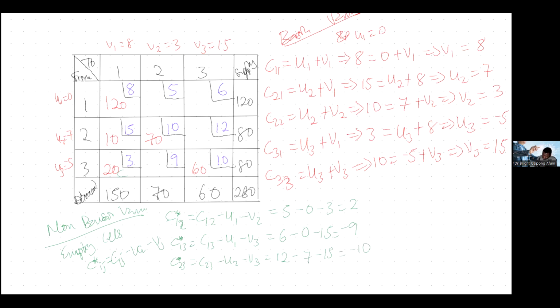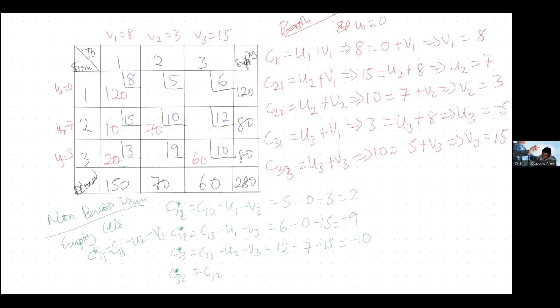Then the last one, C32. Yep, Δ32 is C32 minus U3 minus V2.